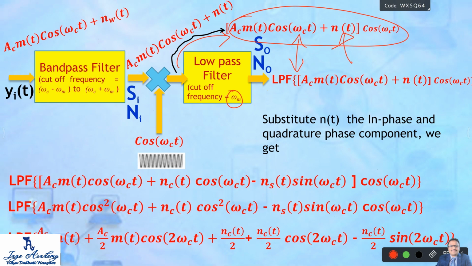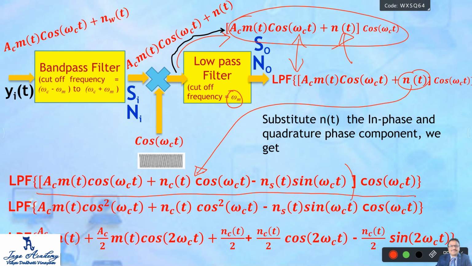Substitute that. This n(t), you substitute the in-phase component and the quadrature phase component, and you get this equation. Yes or no? Look at the equation. This part you get by substituting n(t), this is your n(t).